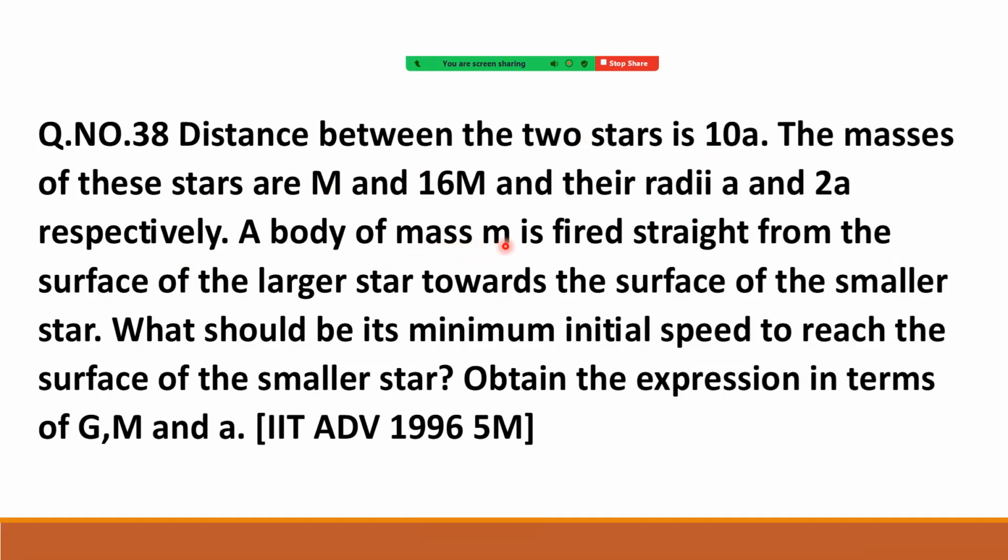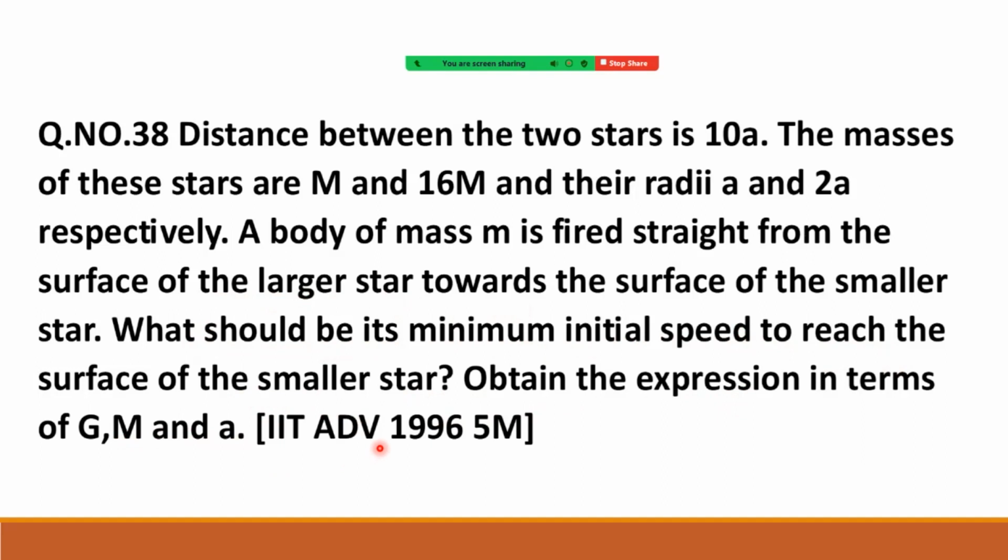A body of mass M is fired straight from the surface of the largest star towards the surface of the smaller star. What should be its minimum initial speed to reach the surface of the smaller star? So we have to get it in terms of G, M, and A.